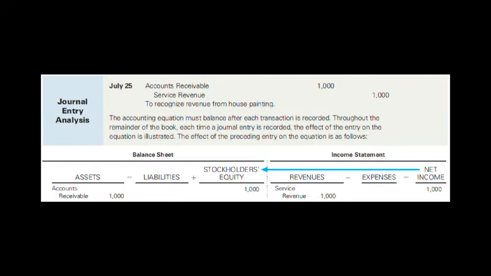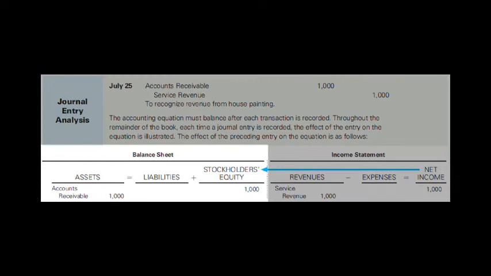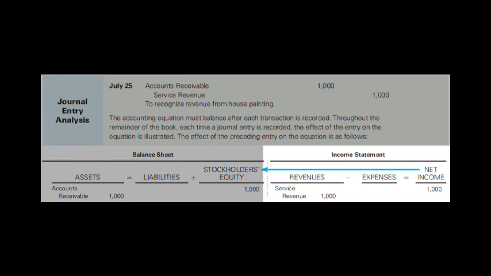We have the assets equal liability plus stockholders' equity, which is the balance sheet portion of the accounting equation. And we have the revenue minus expense equals net income portion of the equation, which is the net income statement portion of the equation.